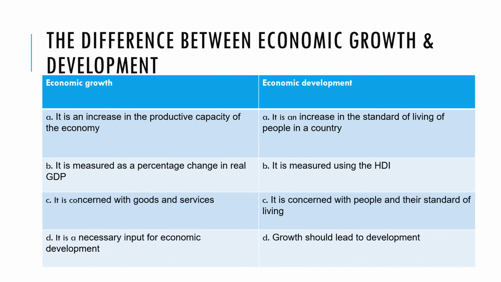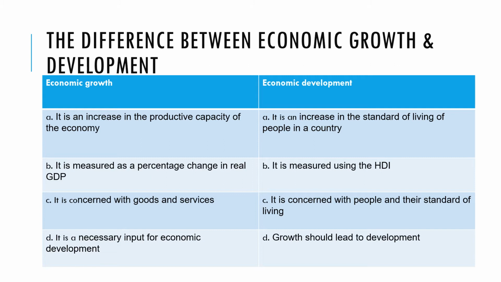When a person is employed, they receive some source of income, and that income will improve their standard of living. These people will now be able to provide for their basic needs and wants. That is why we are saying there must be an increase in the production capacity of a country in order for people's standard of living to improve.